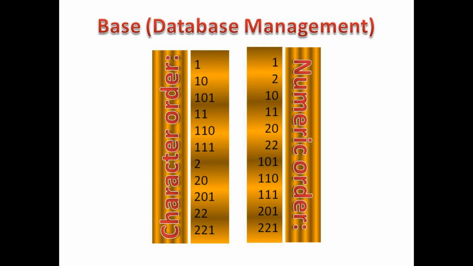Take notice that 1 comes first, then 10 comes before 11, and 110 comes before 111, in that order. Then we go to the 2's. That is how a character field is handled.